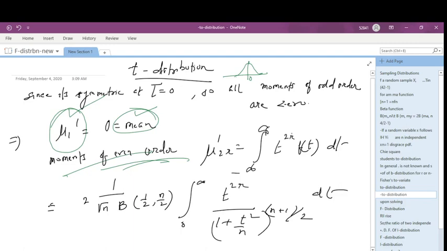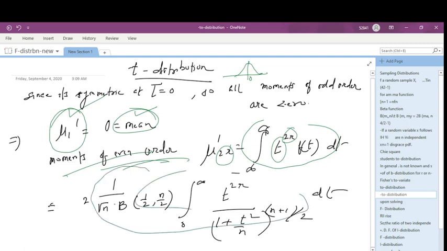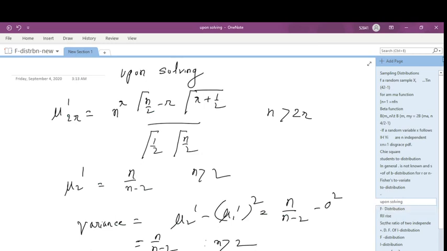This is the expectation part, and this is how it is solved. We have put the whole function and the PDF function which I showed you, and then it is further derived. Upon solving, we are not going into the steps of solving these equations.